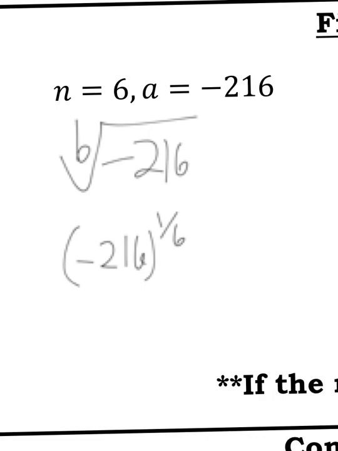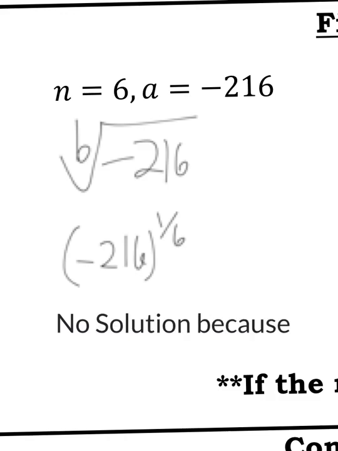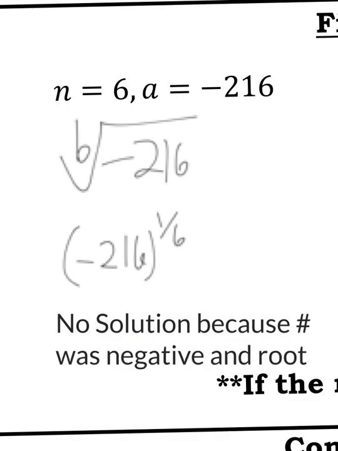If you wrote it to the 6th power, the number would get bigger. If you wrote it to the 1/6 power, the number would get smaller. But since it's a negative number and you have an even root, the answer is going to be no solution, because your number was negative and your root was even.